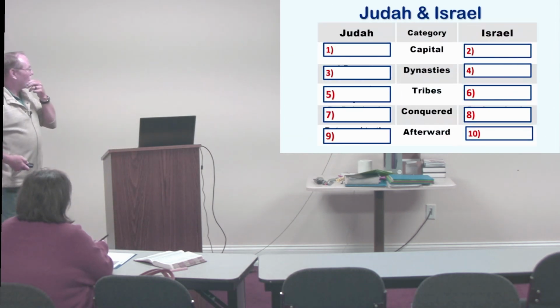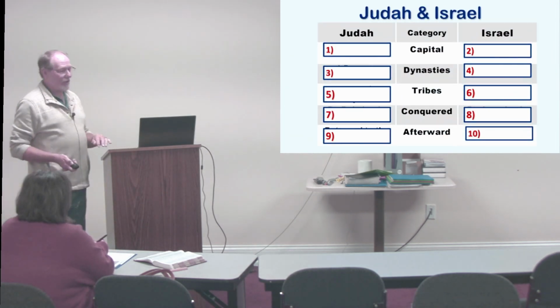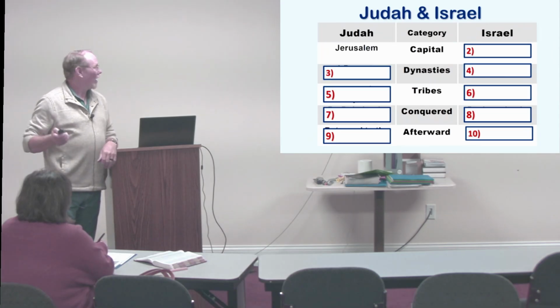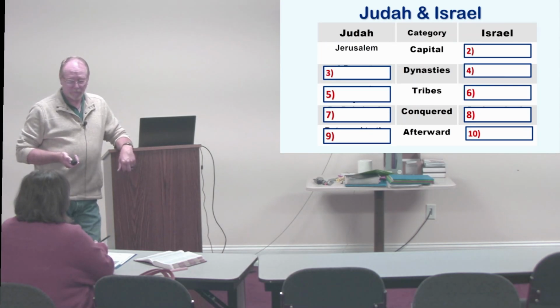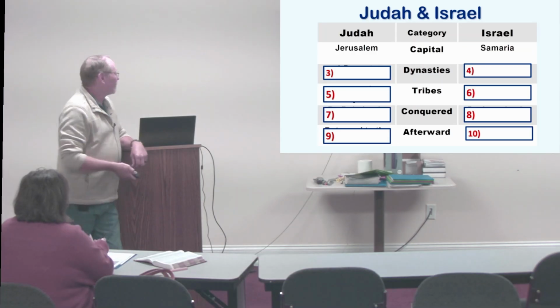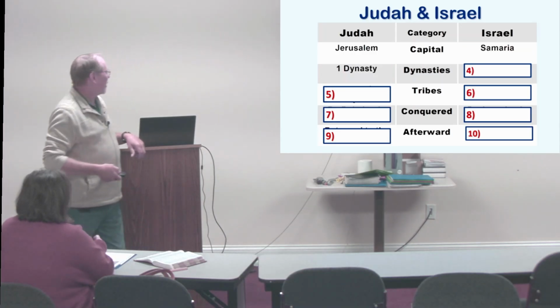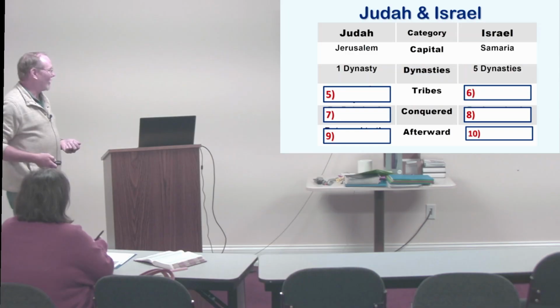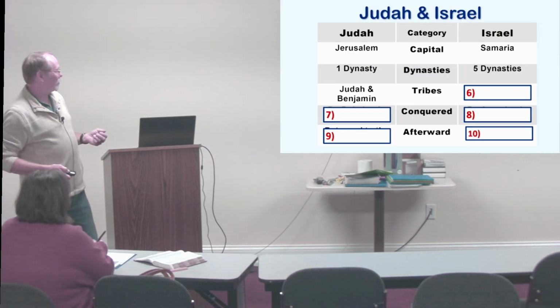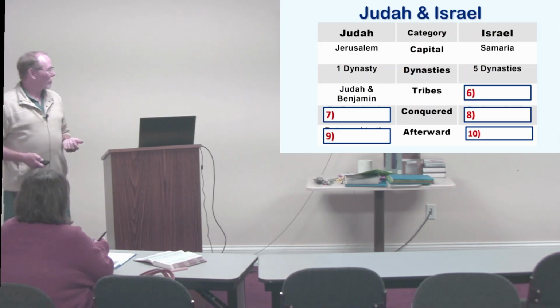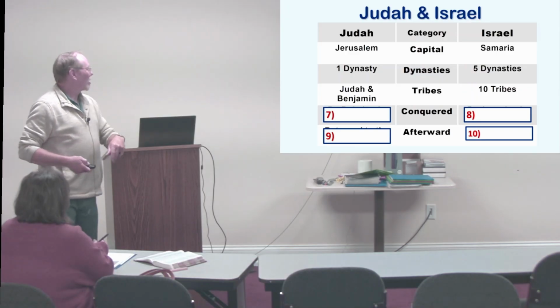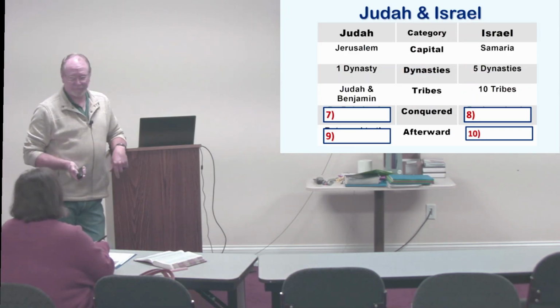Let's do this. Capital in Judah was? And what about Israel? Samaria. Israel had 10 tribes, and Judah had Benjamin and Judah. Who conquered Judah?